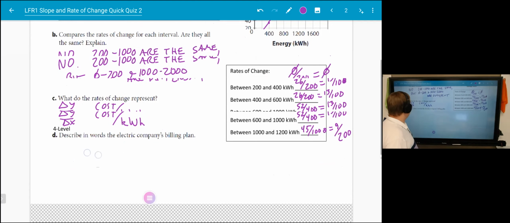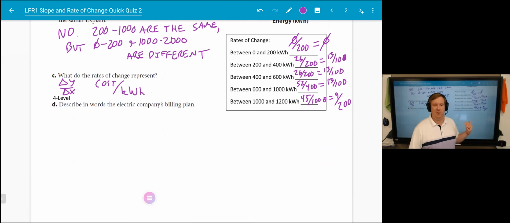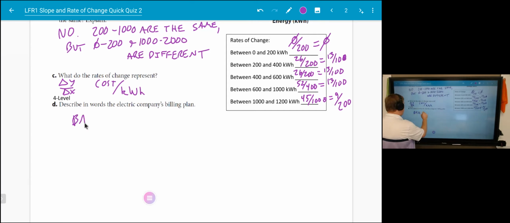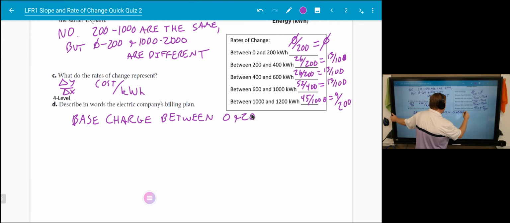Describe in words the electric company's billing plan. This is a 4-level question, right? So essentially, you're going to get charged. There's no change. There's like this base charge between 0 and 200. So a base charge between 0 and 200 kilowatt hours of $8.